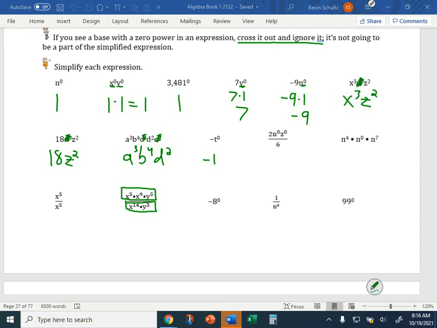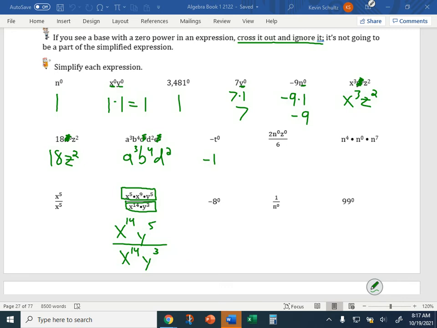So simplify our numerator, we essentially end up with x to the 14th, y to the 5th. Right? We can't combine the base of y with the base of x. We have to keep them separate. They're different bases. So we have a total of 14 x's in our numerator and a total of 5 y's. In our denominator, we have a total of 14 x's and a total of 3 y's.